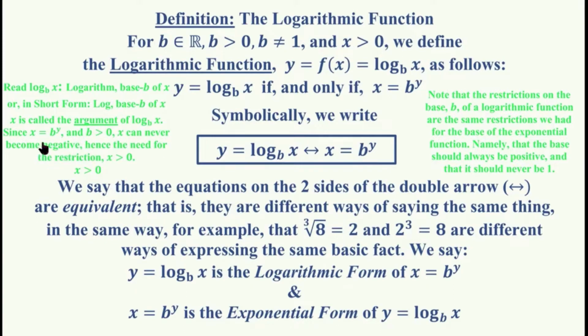So x can never actually become negative. That's why we need the restriction, x is greater than 0. Also notice that the restrictions we have on the base of a logarithmic function are the same restrictions that we had on the exponential function, namely that the base should always be positive and it should never be 1.